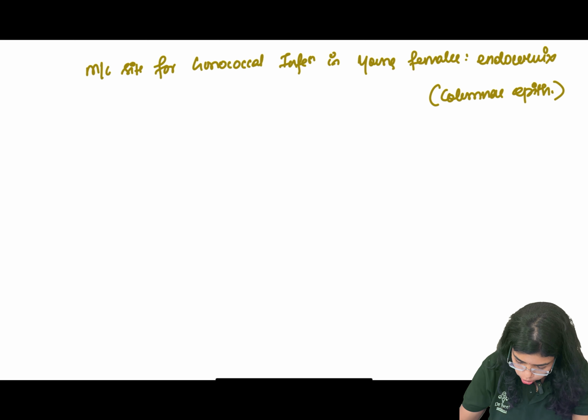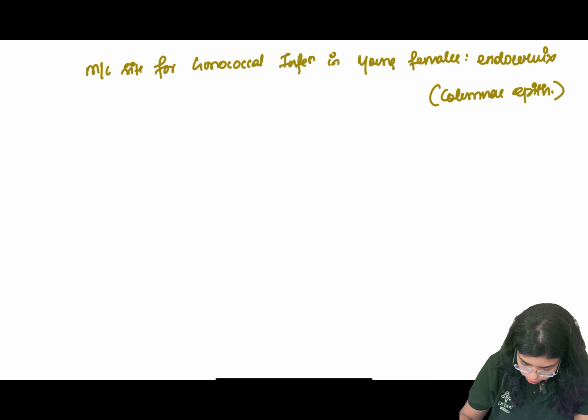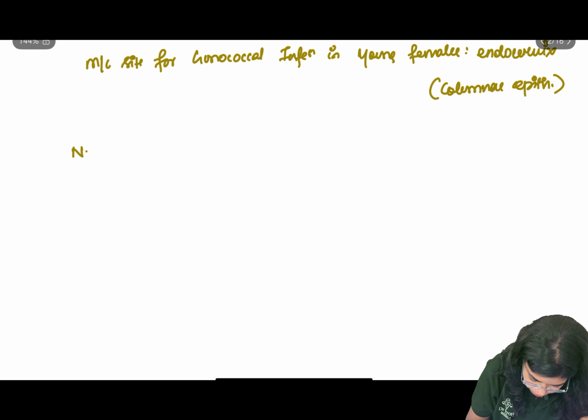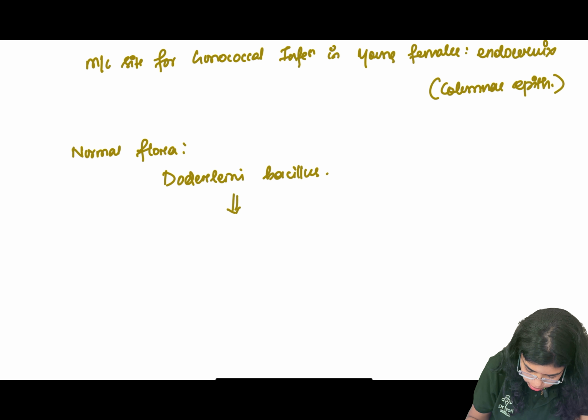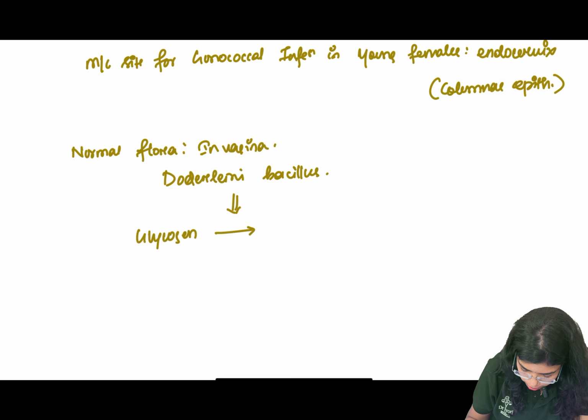And what is the normal flora of the vagina? Doderlein's bacillus. How does it help? Doderlein's bacillus is the normal flora in the vagina. It helps by converting the glycogen in the epithelium to lactic acid.